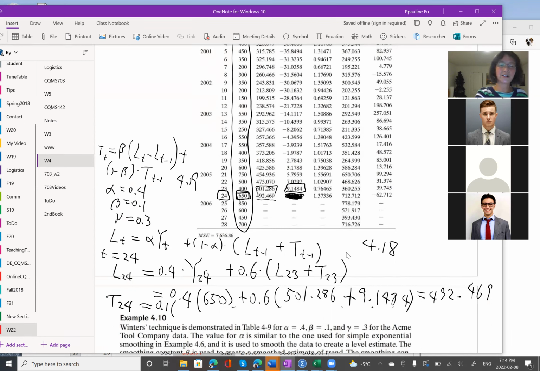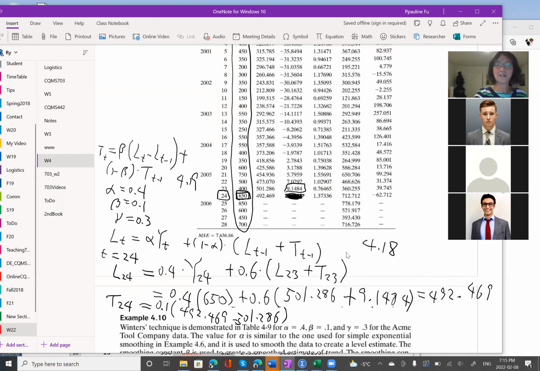So it is actually L24 minus L23. These two numbers do subtraction: 492 minus 501.